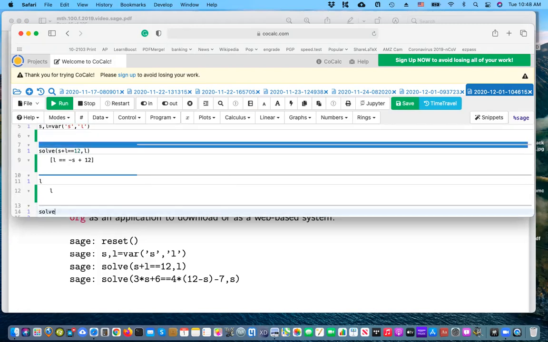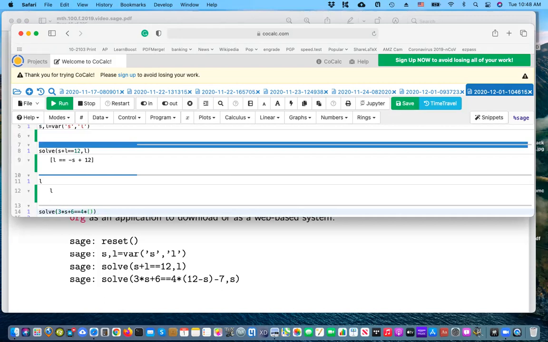All right, let's do the next thing. Solve 3 star S. We must use the star key for multiplication in Sage. Plus 6 is equal to 4 star 12 minus S. Oops, I made a mistake there.